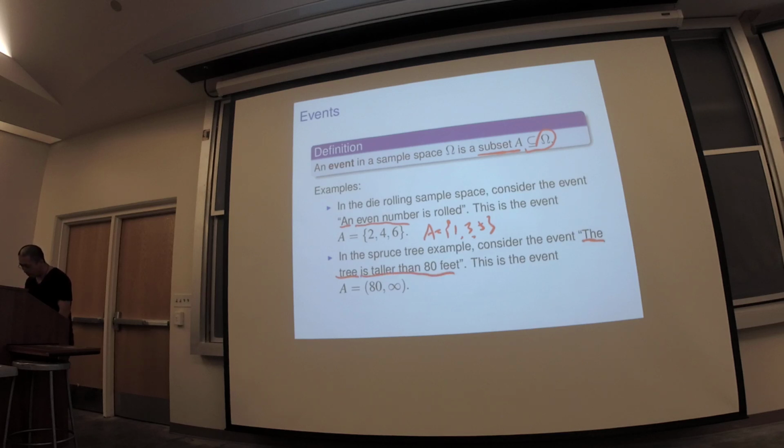Then my event can be represented by this range, between 80 and infinity. So it contains an infinite number of numbers, but it's still a set. So those are very basic, right? Everybody is comfortable with this, right?